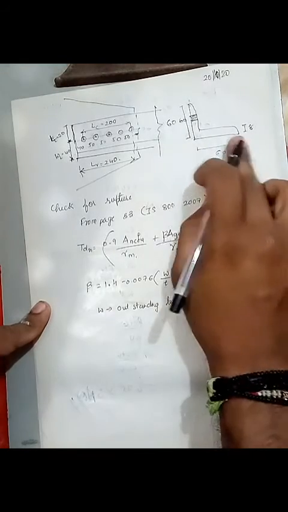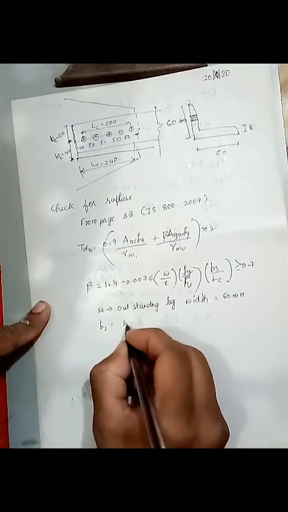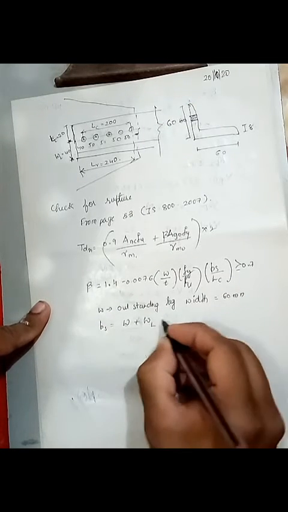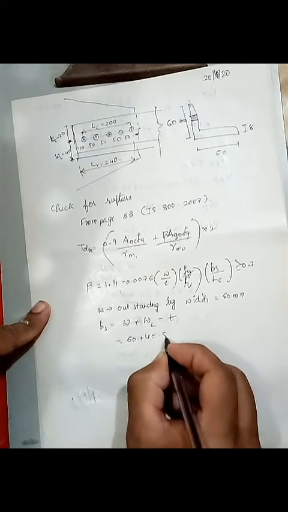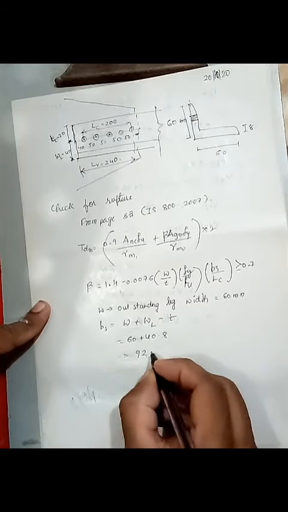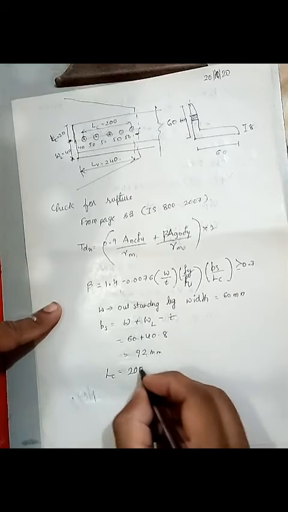So this is the outstanding leg, this is the connected leg. BS is given in the code book itself, W plus W1 minus T, so that is 60 plus 40 minus 8 equals 92 mm. LC is equal to 200 mm.